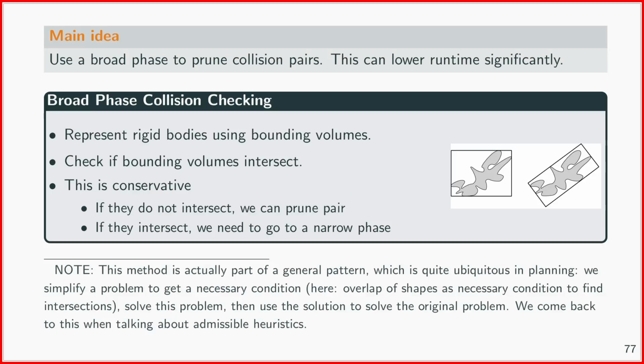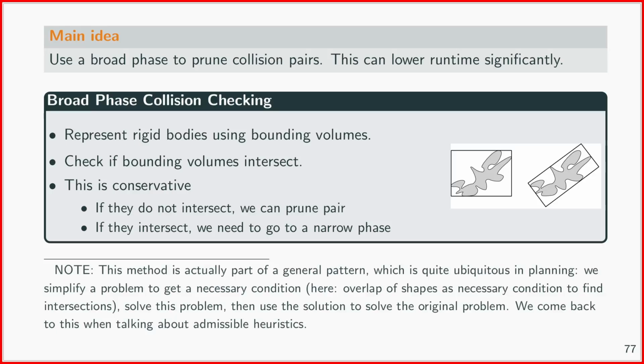And the idea here is that in the broad phase collision checking phase, you try to find out which collision pairs should actually be checked. And you do that by representing collision pairs as bounding volumes. And you only check if the bounding volumes intersect. And usually this is way simpler, way more efficient to do.